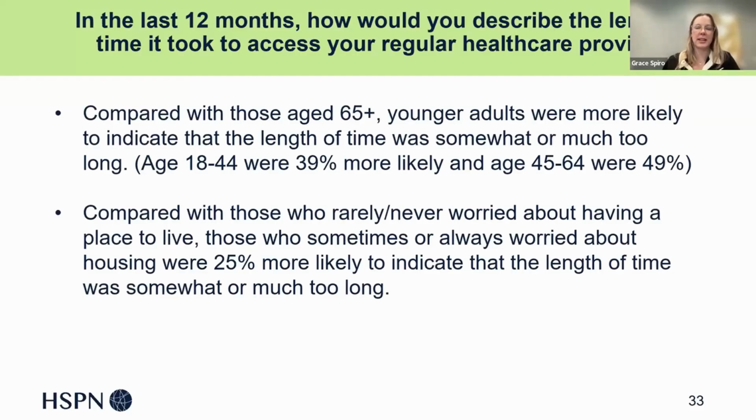There was also a statistically significant relationship when it came to housing security, whereby, compared to those who rarely or never worried about having a place to live, those who were insecure with their housing were 25% more likely to indicate that the length of time was somewhat or much too long.